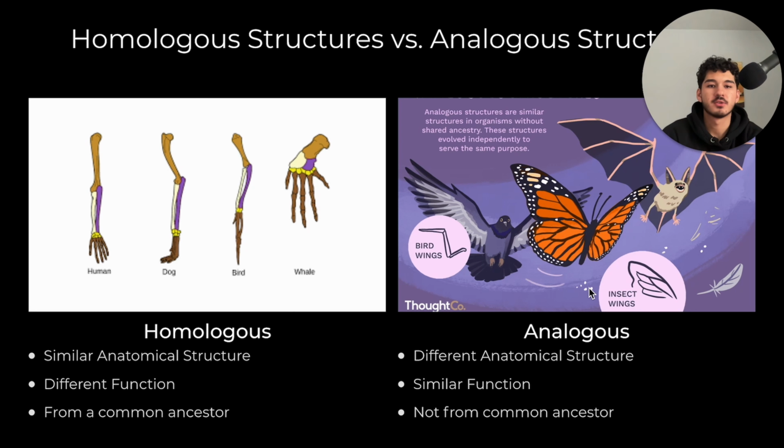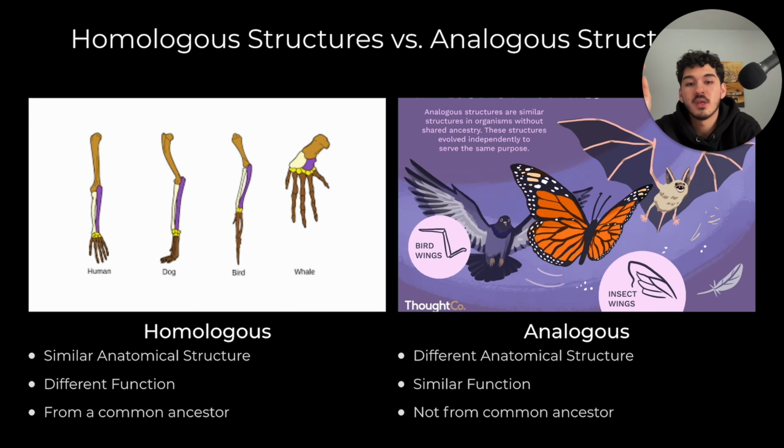Now, analogous structures is just flipped and it's opposite. They have different anatomical structures. They all perform similar functions, but they're not from a common ancestor. Now, it's kind of confusing if you look at it, because you generally think, well, the bird and the butterfly and the bat, at first I was like, well, they should be from a common ancestor, right? But in reality, based on science, they're not.